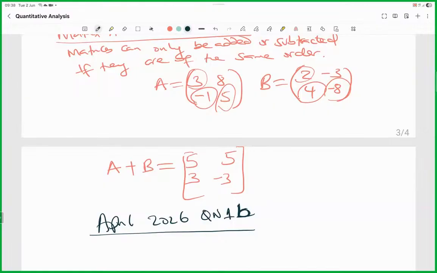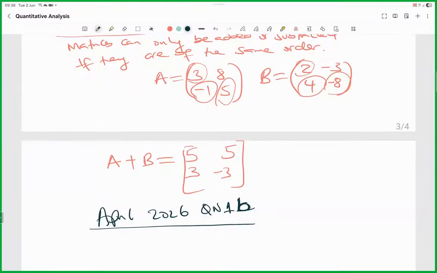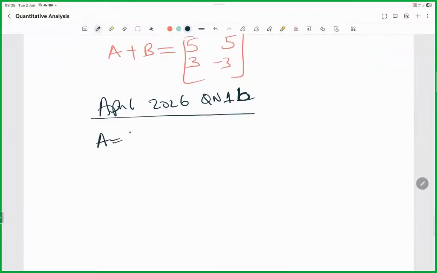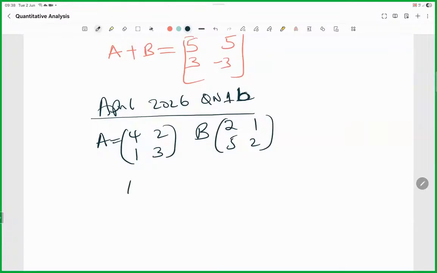So remember, there are two matrices that we have, ladies and gentlemen. We have A 4213 and B 21352. Then they want us to simply give them A plus B. So basically, we are adding corresponding elements. Whenever you're adding or subtracting, you work with corresponding elements. So we have 4 and 2, so that will be 4 plus 2.